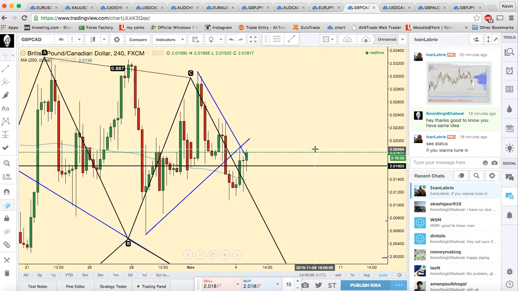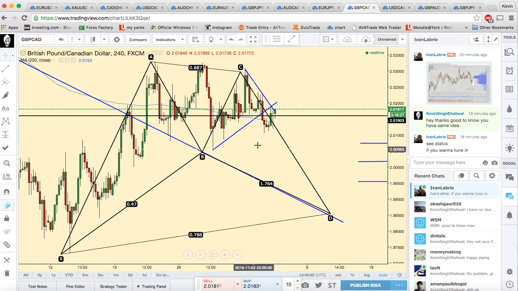We have a potential pattern on this trade, so right here. If it goes below my C leg around 2.0307, that will be my stop loss, pretty much, because then the pattern is invalid. But yeah, I want to see this pair at least go around this area, my first target. So we have to see.